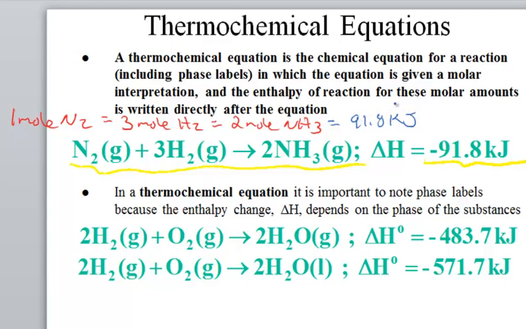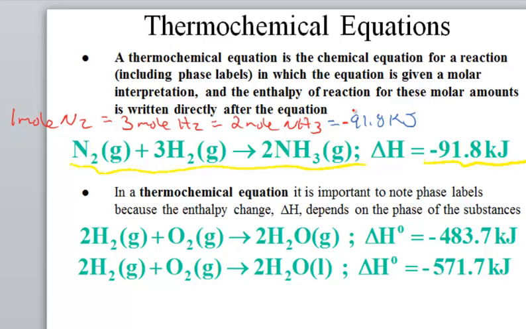Note, and I'm sure some of you are asking this, you notice I didn't put the negative there? That's optional. The negative is just telling you that it's an exothermic process. If you just want to write 91.8 kilojoules with this relationship, I'm fine with that. You can always include the negative if you want. Don't have to if you don't want to.